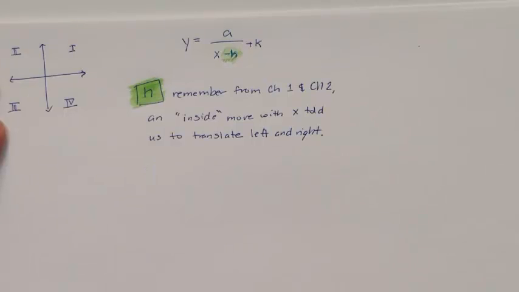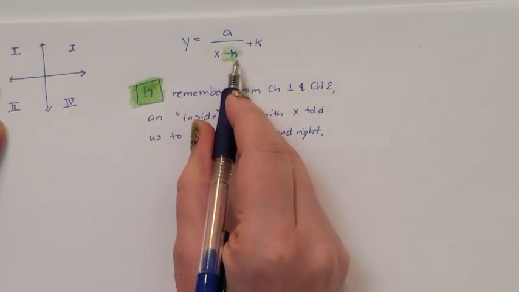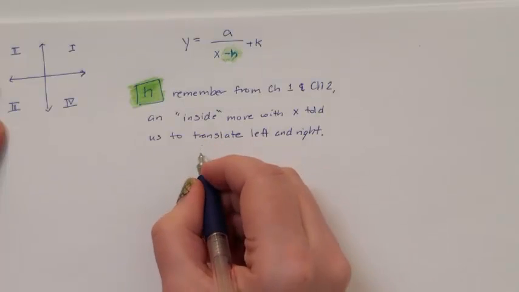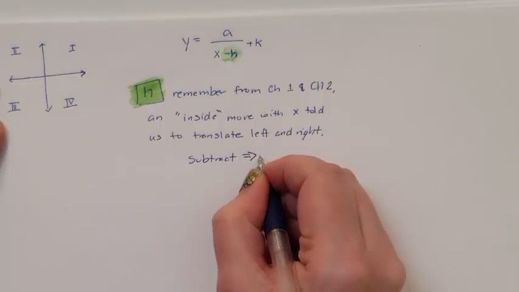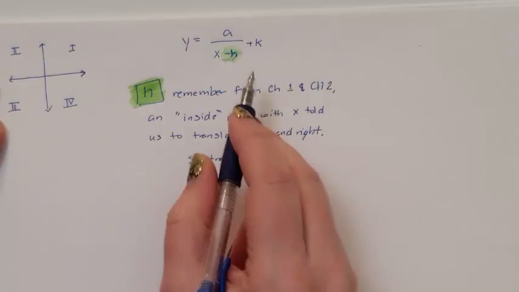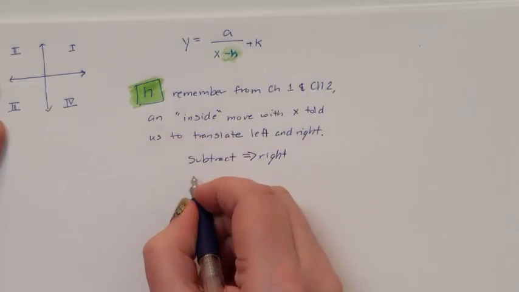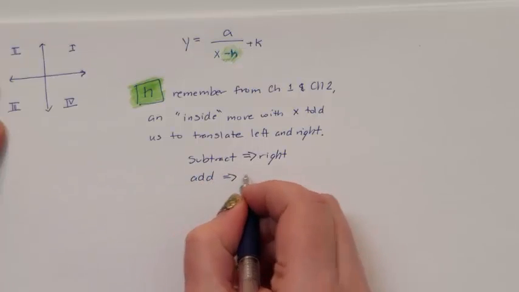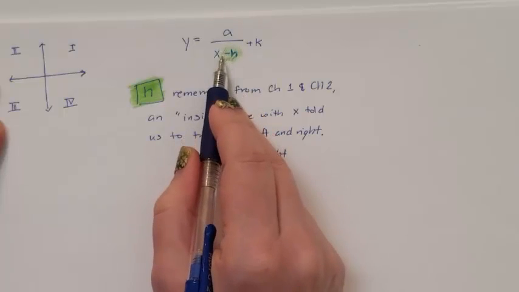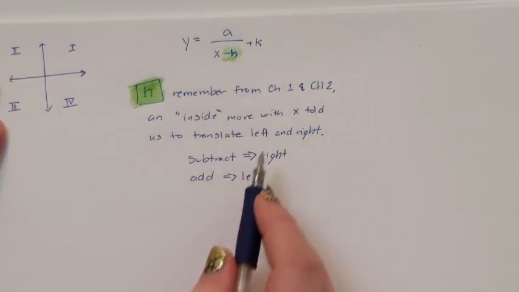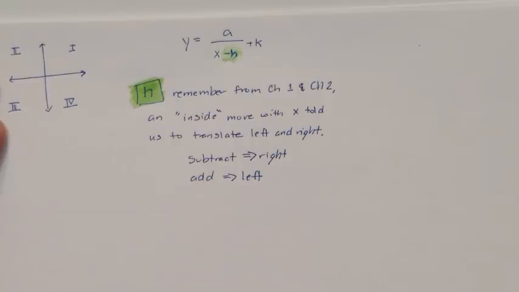If this was a minus h, the inside subtraction always told us that we were moving to the right. And if our inside move had an add, we knew we were moving to the left. So whatever this inside h with the x is, it tells us to move left and right.